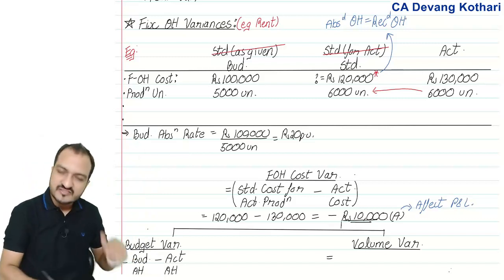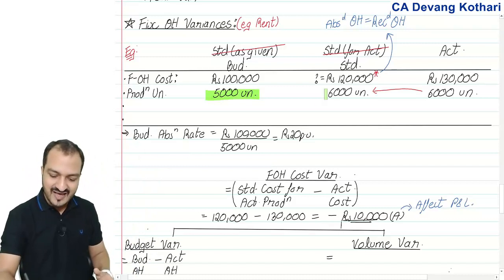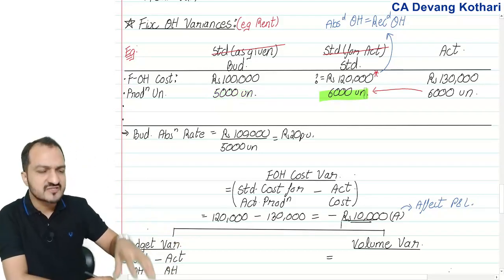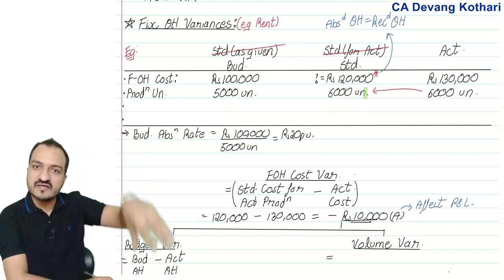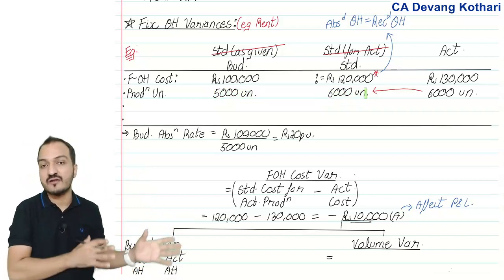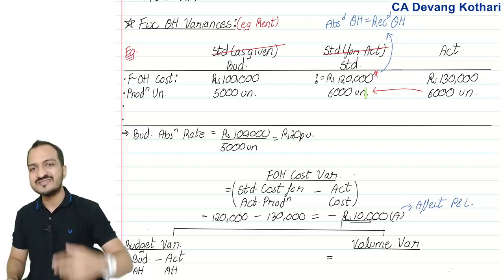See, you had estimated to sell only 5,000 units, but if actual production has been 6,000 units, don't you think all 6,000 units must have been sold at that same price? Do you sell the first 5,000 units at a different selling price and the remaining extra units at a different selling price? No, you must have sold all the units at the same price.